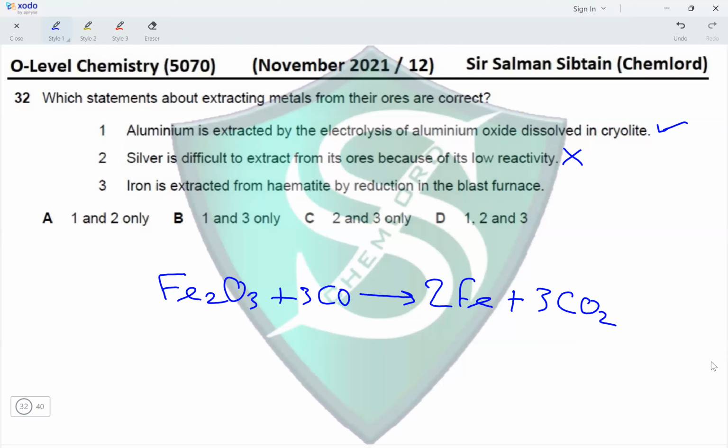So this is reduction of Fe2O3 to produce Fe metal. So statement 3 is correct. So the option that has statements 1 and 3 correct is option B, making B the correct option for this question.